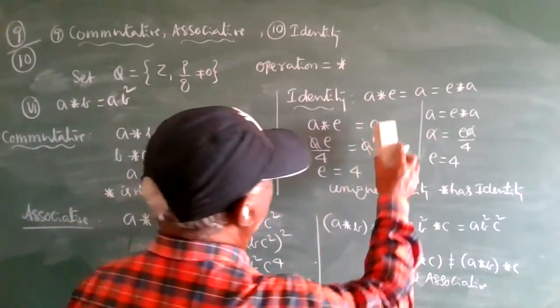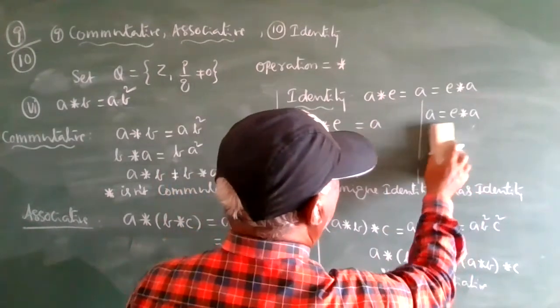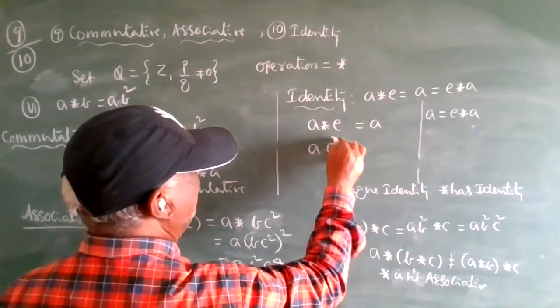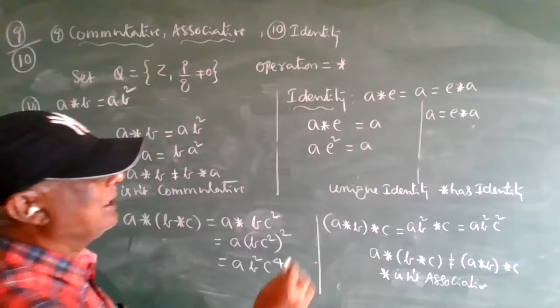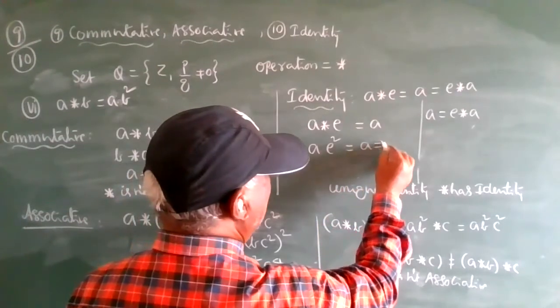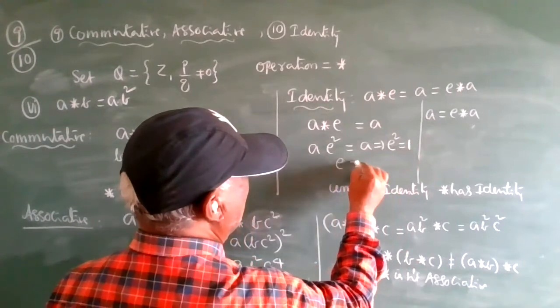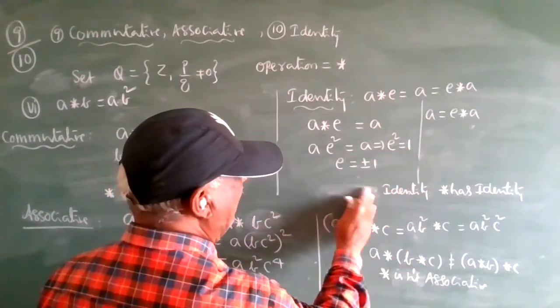Right, check everyone. Identity, not identity. See, first element, second element square is equal to A. A cancel, E square is equal to 1. But E is equal to plus or minus 1. Different identities.